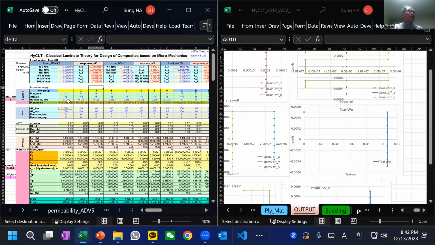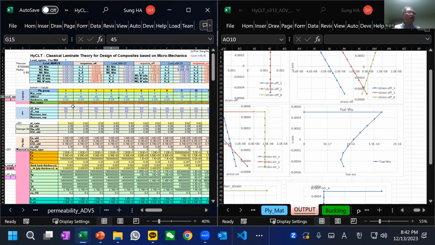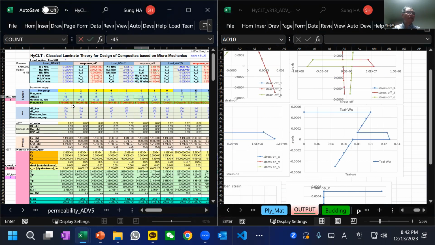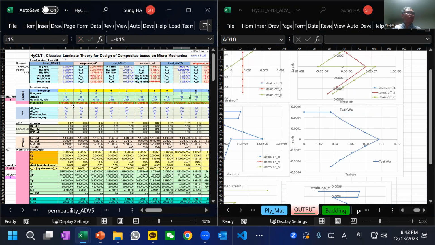Now, let's say we have an unsymmetric layup sequence, let's say very different layers. For example, all 45, okay, all 45, but at the top we have a minus 45. So the bottom we have a 45 for plies, and top we have a minus 45.